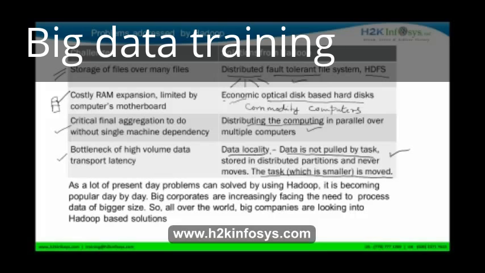Hadoop promoted data locality. Data remained in that exact locale, and the task which was going to work on the data moved there. That made it faster. To work on that amount of data, it became faster. And so now you see, Hadoop came up with a system that can solve our problems of doing some kind of math on the huge data that we are generating now.